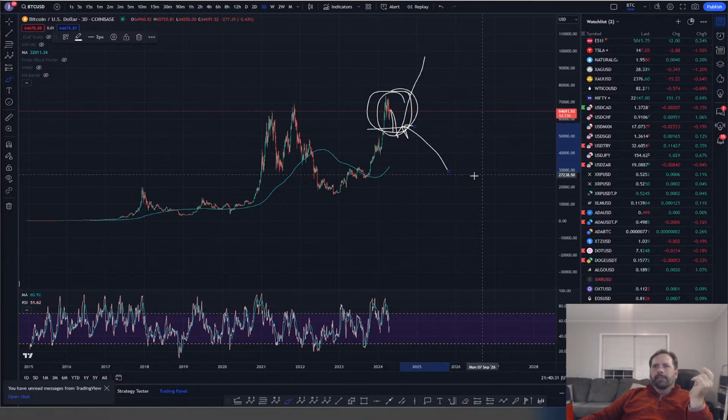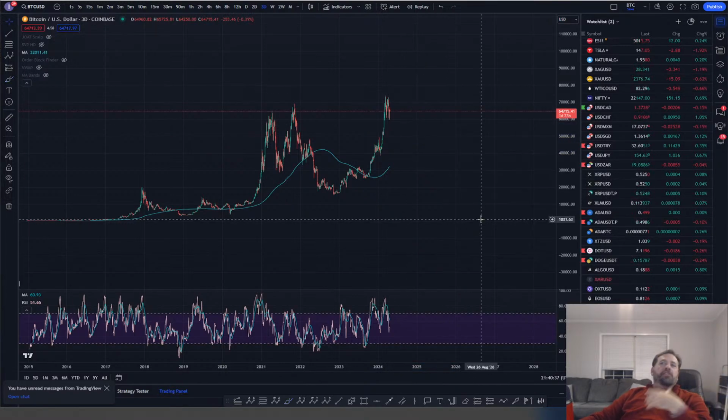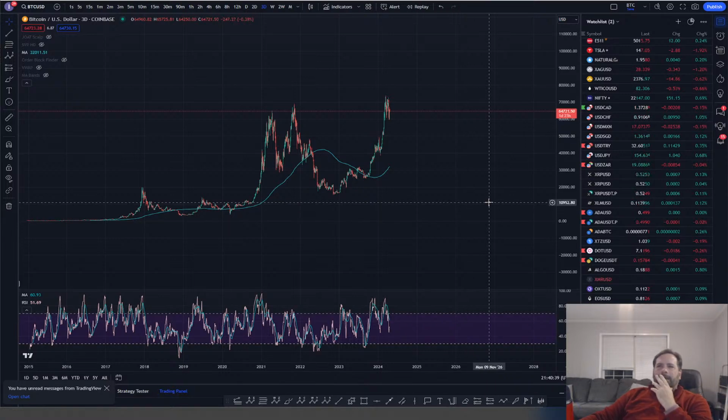Okay. So this is a corrective wave. That's on the table. Now, there's another count on the table that says, hey, this is a wave 5, and it doesn't have to come down deep.